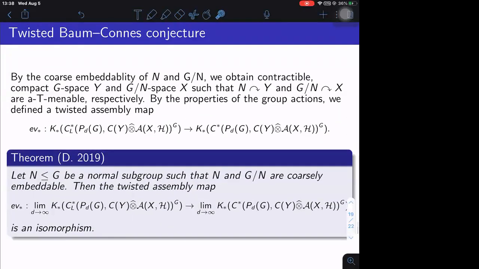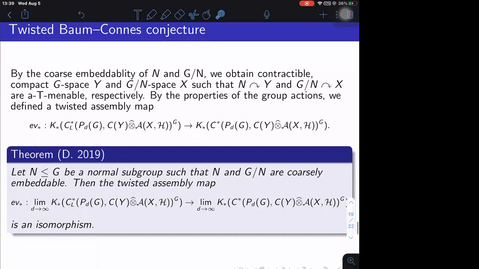In order to encode the geometry of N and G modulo N, we will define a twisted Roe algebra and also a twisted localization algebra. You can view the twisted Roe algebra as a definition of the usual Roe algebra, but we put some condition on the twisting to encode the geometry of the normal group and the quotient group.